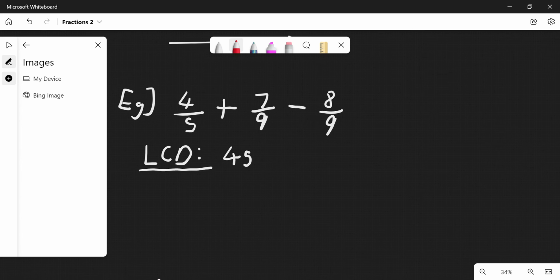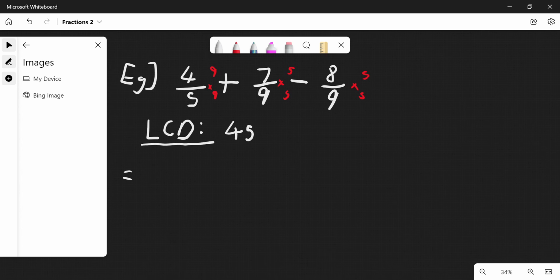So when we have our LCD, just like we've been doing, you ask yourself, how do I change 5 to make it 45? Multiply by 9. So what I do at the bottom, I do at the top. And these ones, I'm going to multiply by 5 respectively. Anyway, okay, so what do we have here?